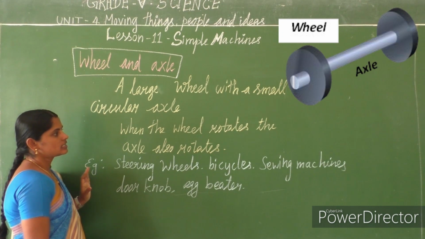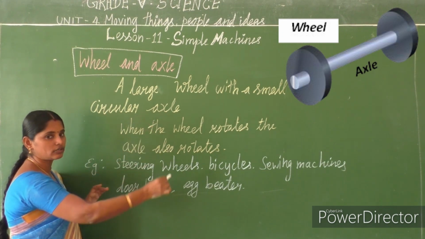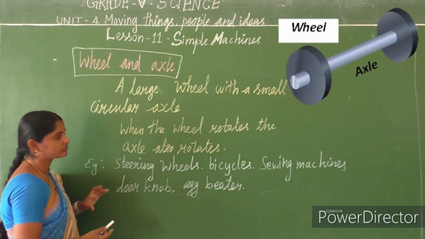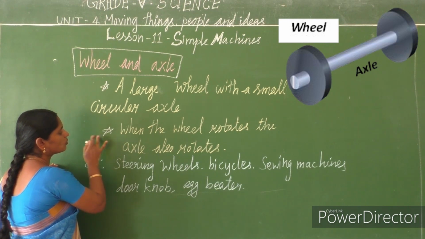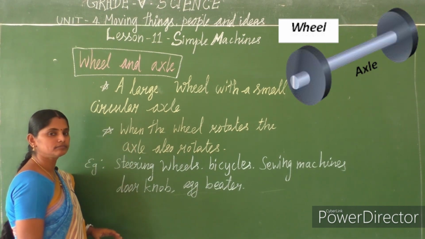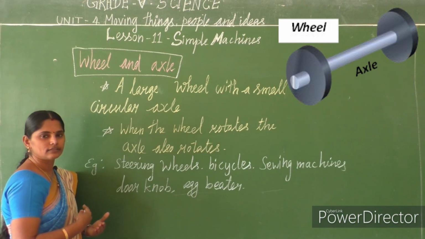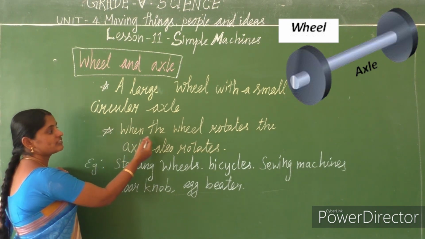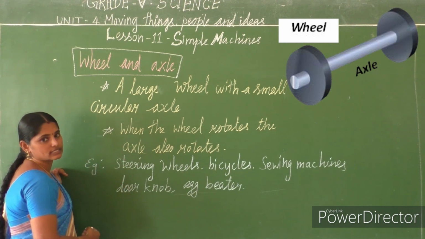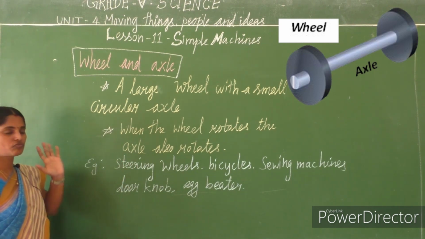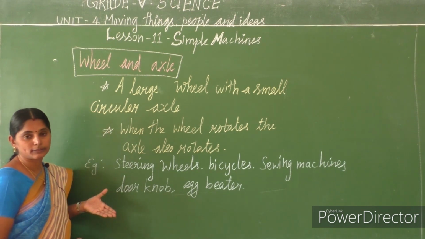What happens when the wheel rotates? If the wheel rotates, what happens to the axle? The axle also rotates. So when the wheel rotates, the axle also rotates. Clear? So where are we seeing this kind of setup?